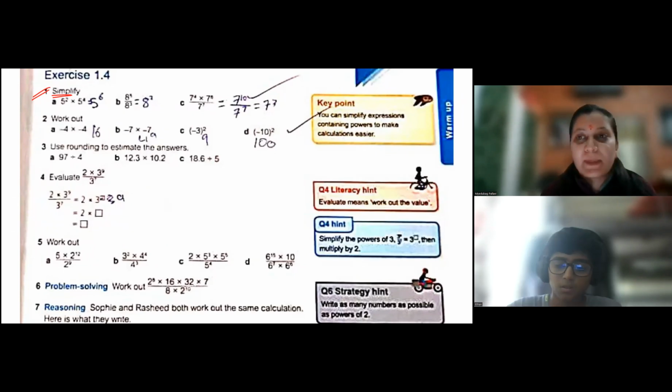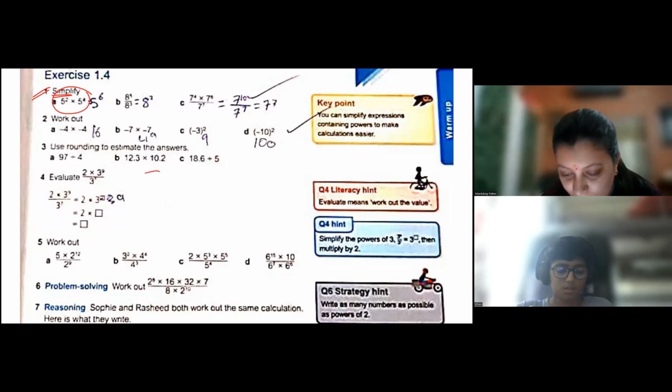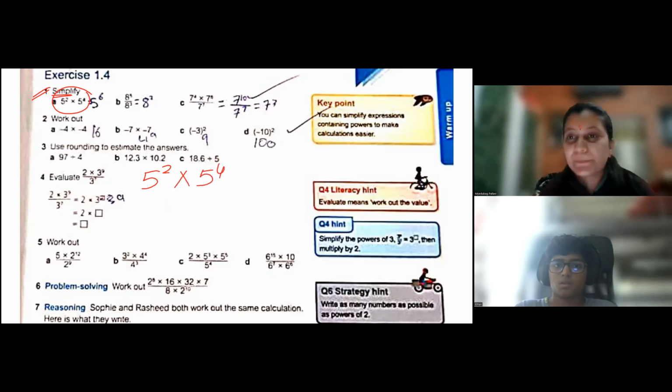Simplify. So what we have to simplify, we'll apply the law of indices over here, right? 5 to the power 2 multiplied by 5 to the power 4. The bases are the same.